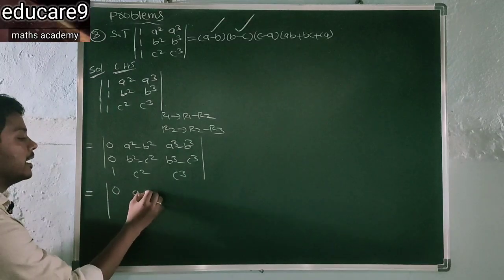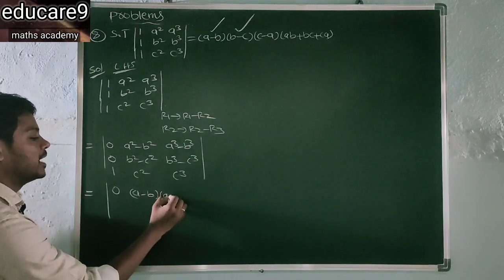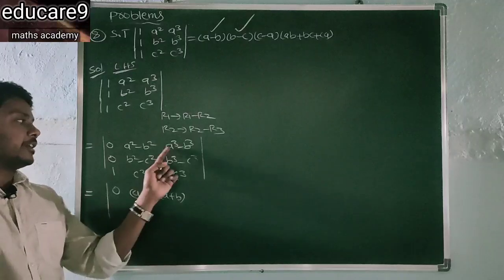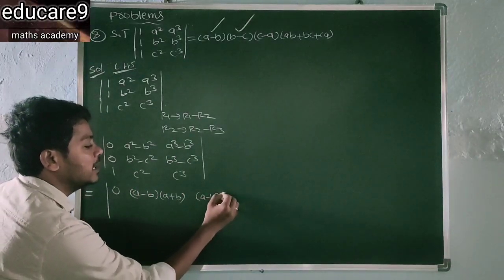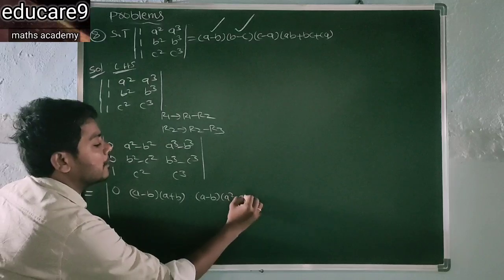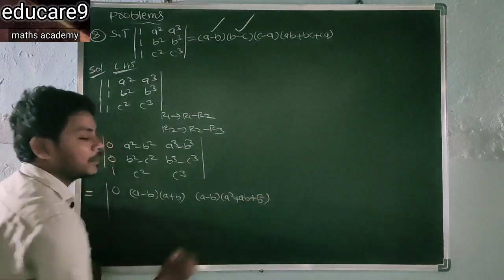0, A minus B into A plus B. Next, A cube minus B cube formula, that is A minus B into A square plus AB plus B square.